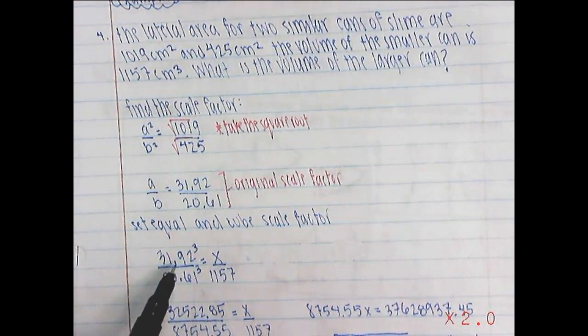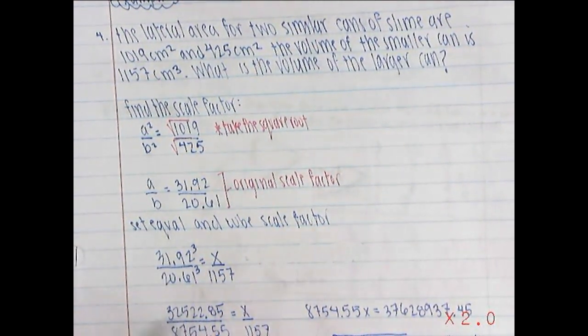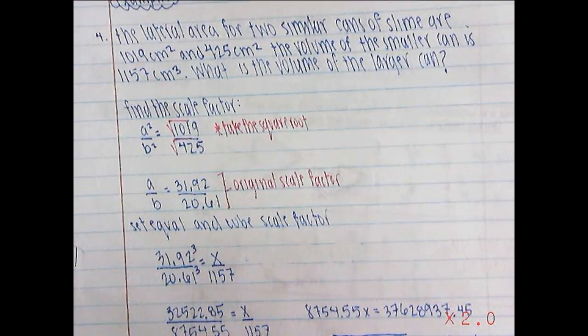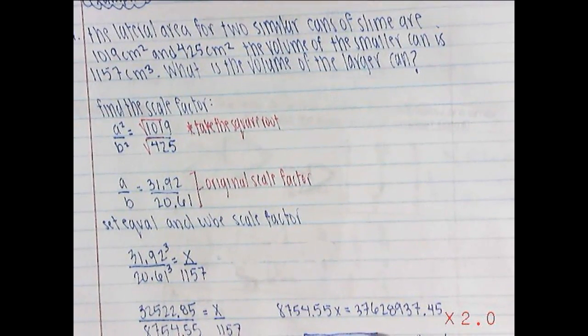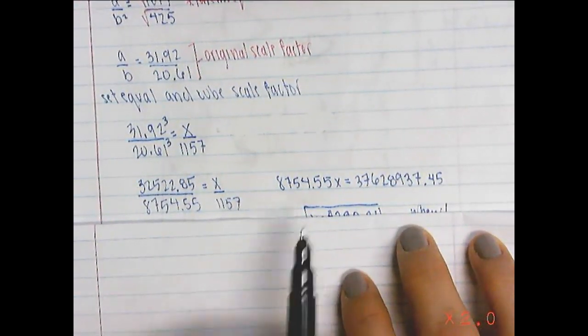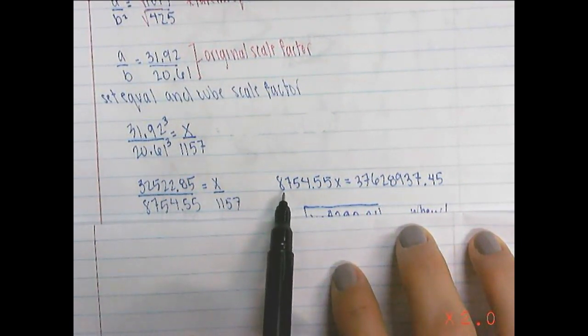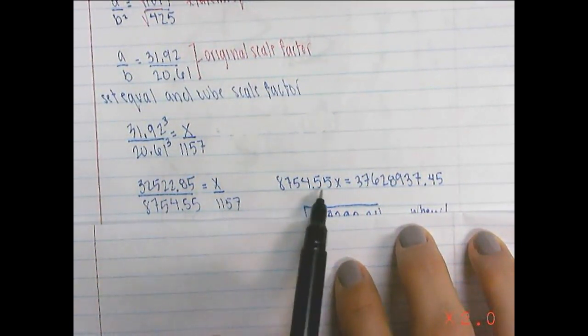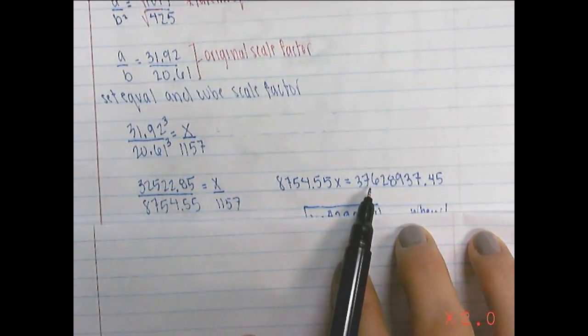All right, well, actually, first I'm going to cube this, and I'll end up with 32,522.85 over 8,754.55. And then I get to cross multiply. And here is my wonderful number. 8,754.55x equals 37,628,937.45.